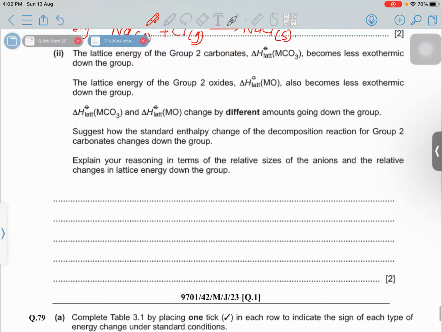Okay, sir. Now look at here. This is calcium, or this is beryllium. Beryllium plus 2 is smaller. Here we have carbonate. So beryllium is smaller. It has more distortion power. So the shape is changed.